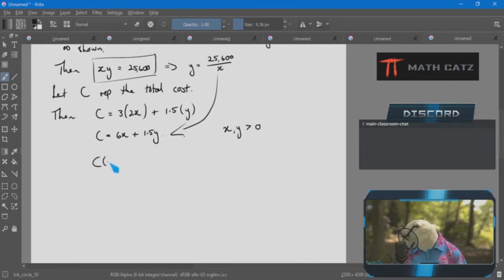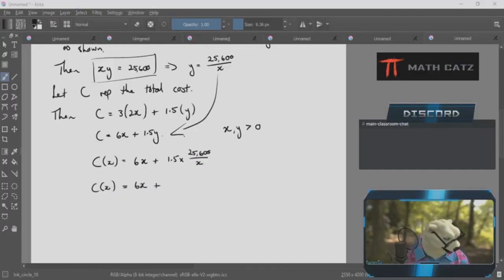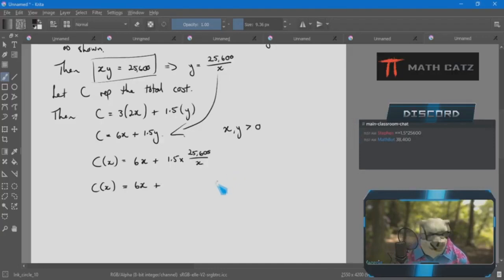And so I can get a function just of x, 6x plus 1.5 times 25,600 over x. Let's maybe clean that up a touch. 1.5 times that numerator. Let's see what that is. $38,400 over x.